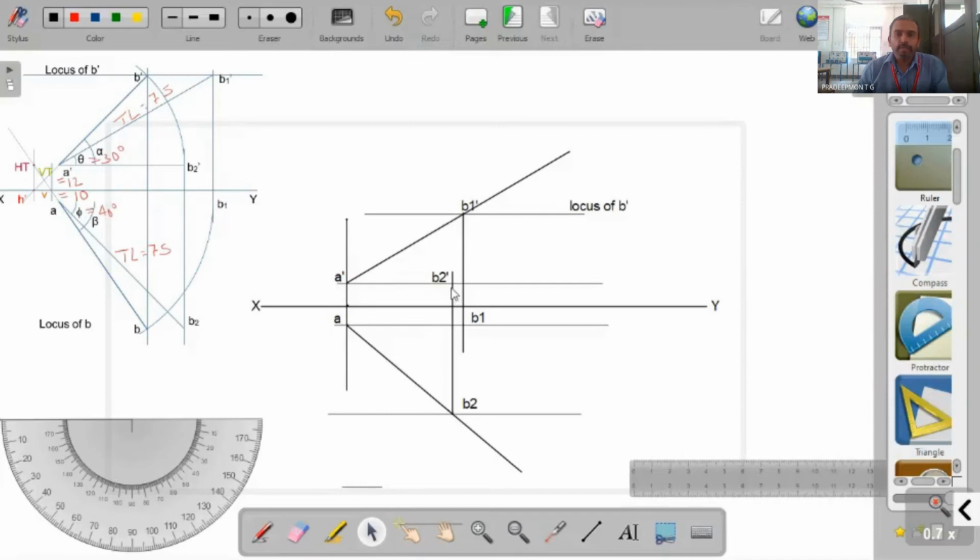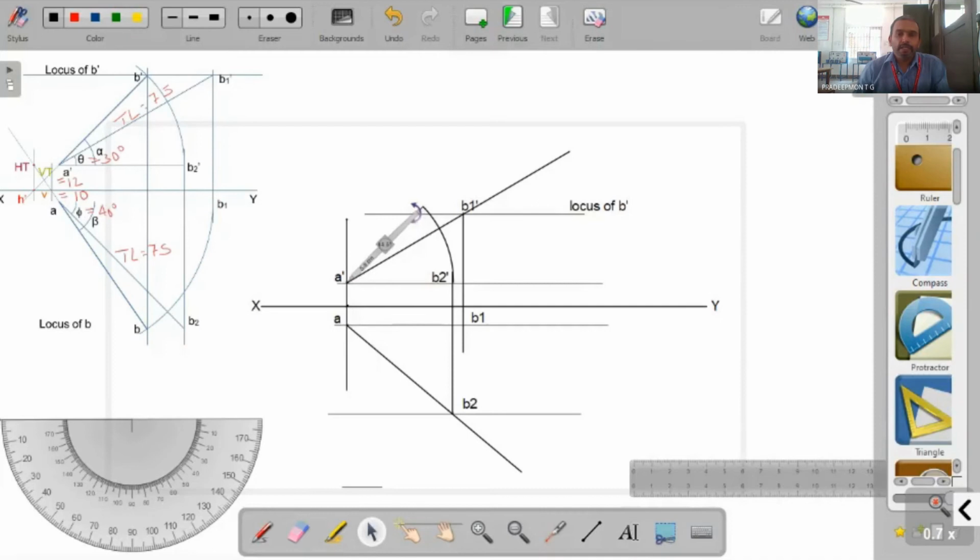Now since the length of the front view is there and the length of the top view, that is AB1, is there, we can rotate them such that we get the final front view and the top view. First, we use our compass and draw an arc with the radius equal to A dash B2 dash and with the center as A dash.